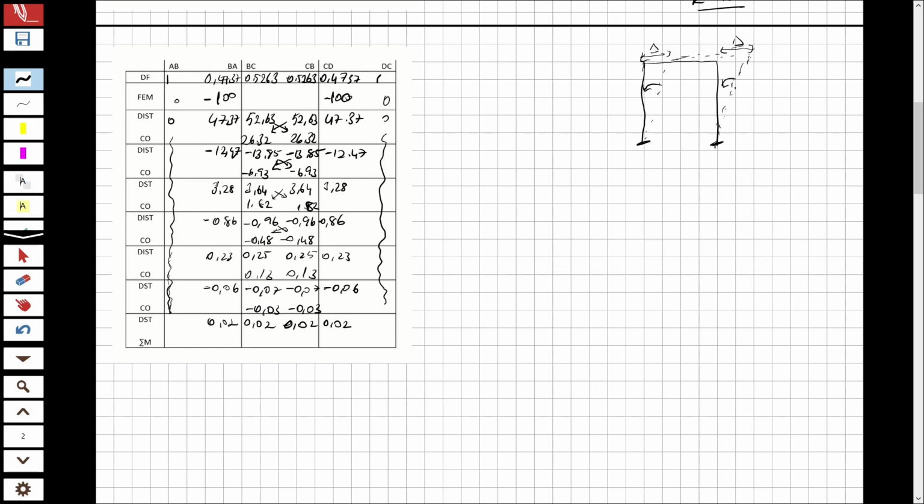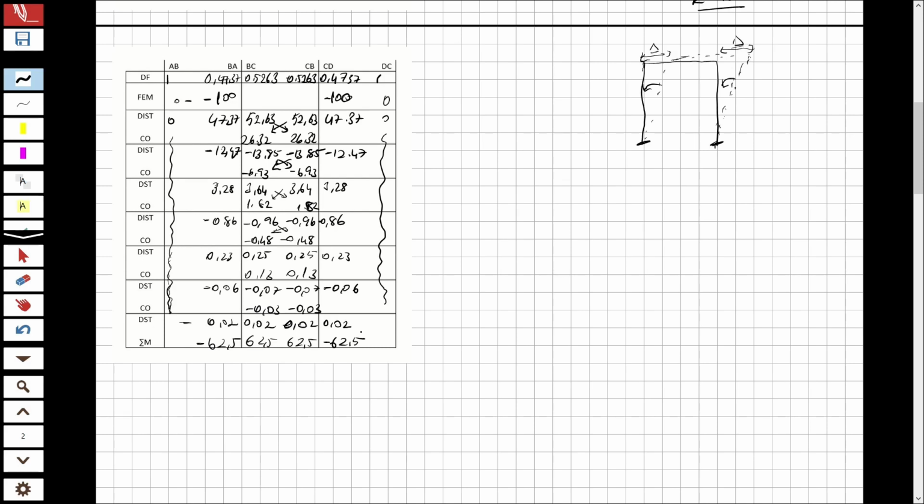When I take the summation of the moments from the fixed moments until the last row, it will be minus 62.5, 62.5, 62.5, and minus 62.5. Okay. So now I have my moments.